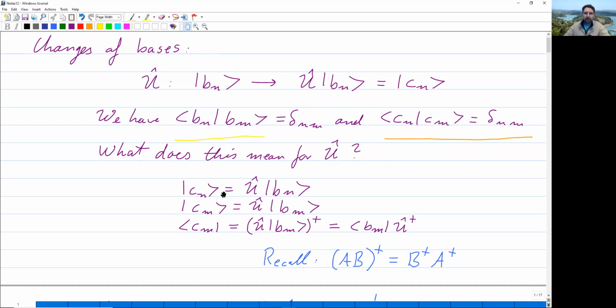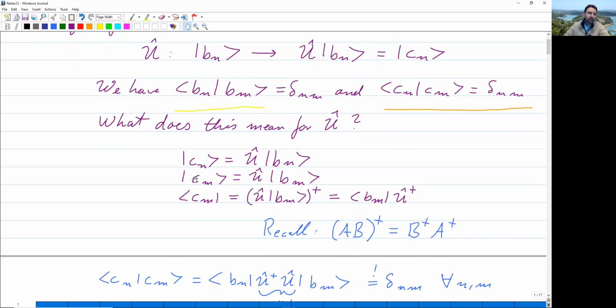We have that Cn is U hat Bn, Cm is U hat Bm, and therefore if we turn this ket here, for example, into a bra, because we actually need to take the inner product of two of those C vectors, if we turn that into a bra by applying Hermitian conjugation to this equation here, then what do we obtain? The Hermitian conjugate of the ket vector Cm is of course the bra vector Cm. And the Hermitian conjugate of this is, if we are careful, we just write down U hat Bm, the whole thing in brackets, and then Hermitian conjugation.